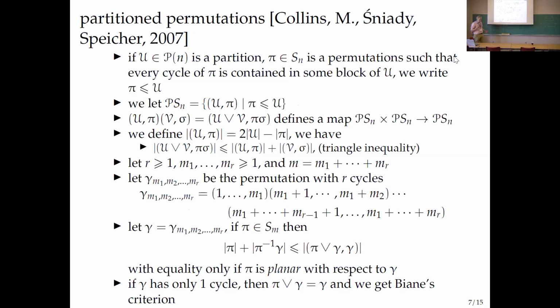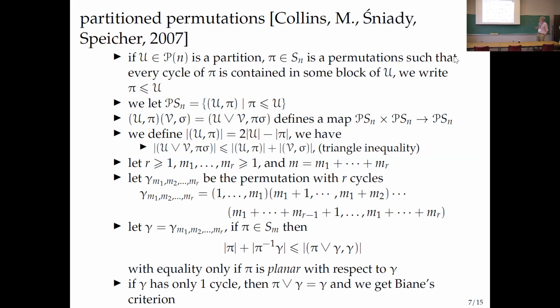So the way that we came up with these cumulants, in a paper with Benoit Collins, Piotr Śniady, and Roland Speicher from 15 years ago, is we combined permutations and partitions. We're going to start with a partition and a permutation, so that every cycle of the permutation is contained in some block of the partition.